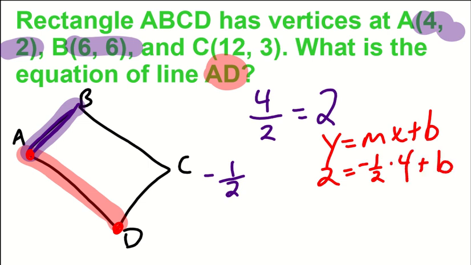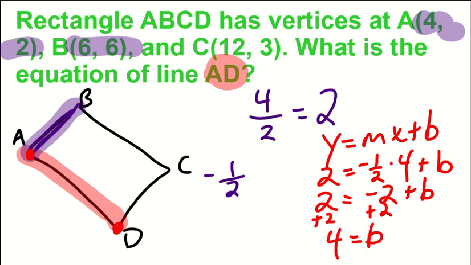And we got our b that we're trying to find. So we got 2. Half of 4 is 2. Negative, to make that a negative 2. Add 2 to each side. b equals 4. So our whole equation would be y equals negative 1/2 x plus 4. Any questions on that?